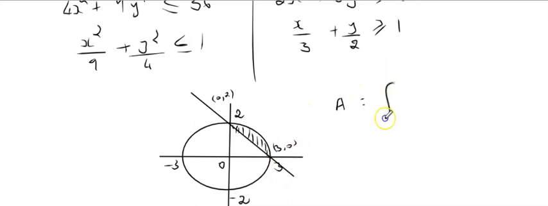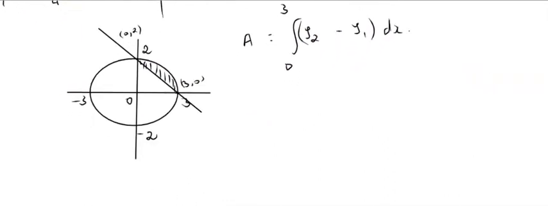So area is equal to the integration from 0 to 3 of y2 minus y1, where y2 is the function of the ellipse, that is the elliptical curve, and y1 is that of the straight line. So I can now rewrite this as A is equal to the integration from 0 to 3.